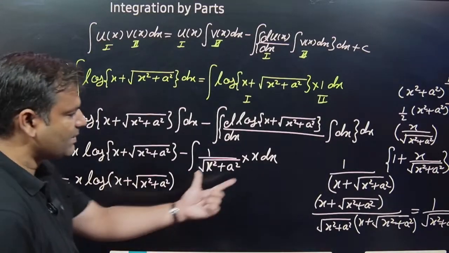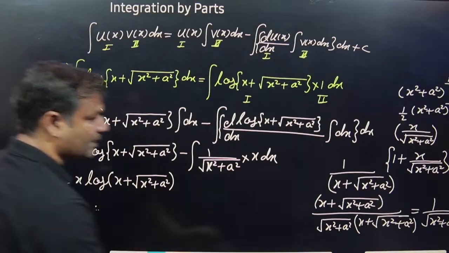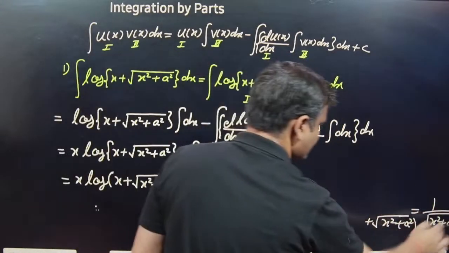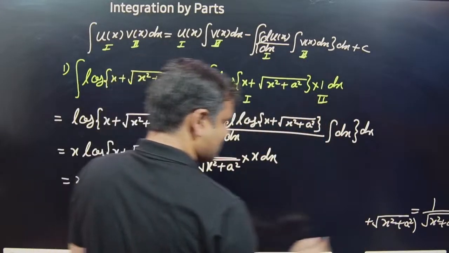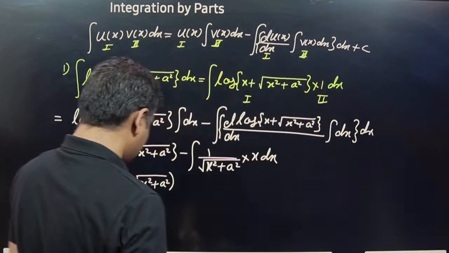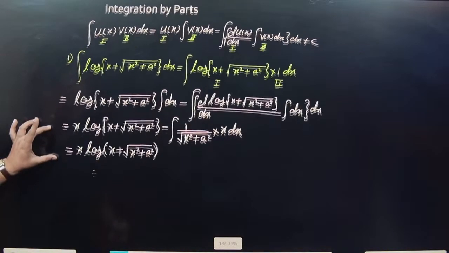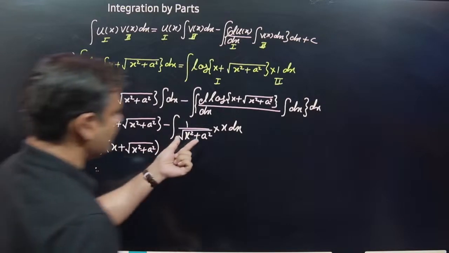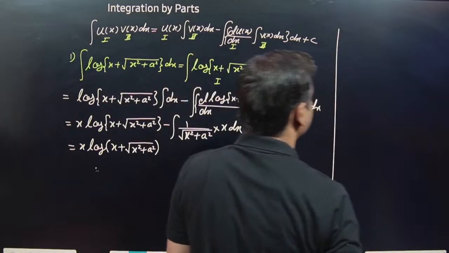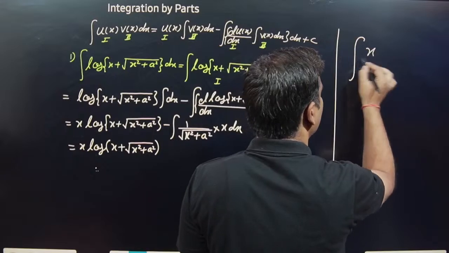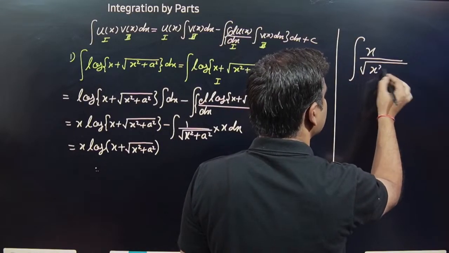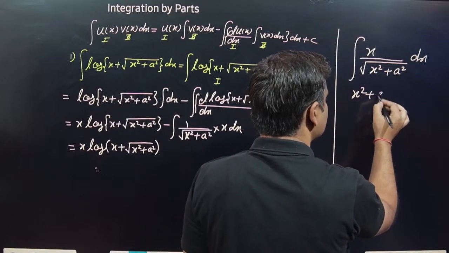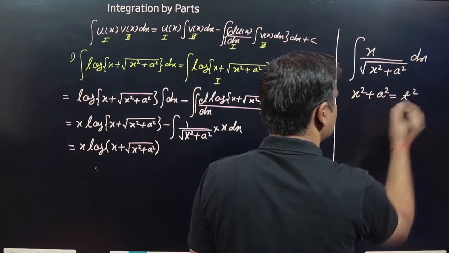How can we solve this type of problem? Look here very carefully. How can you integrate x upon under root x square plus a square? Simply take x square plus a square as t square.